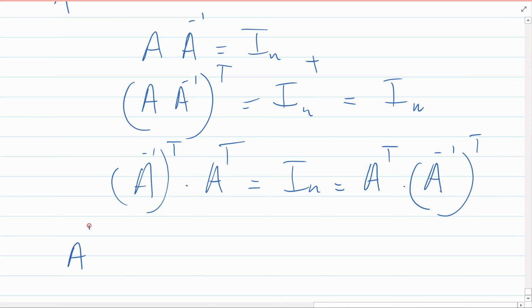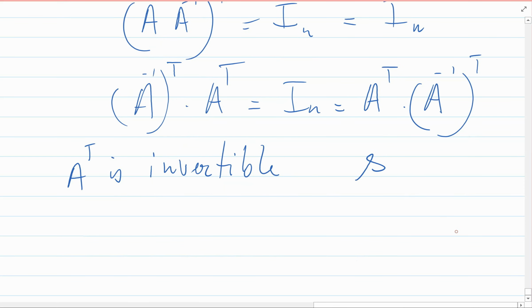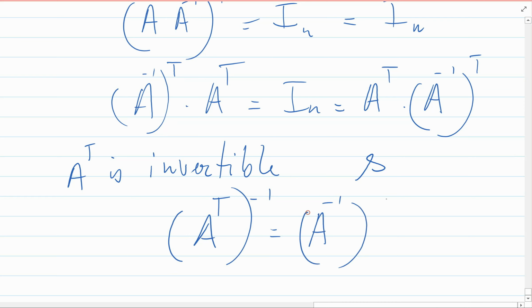Therefore, A transpose is invertible. And not only that, we even have the inverse. What is the inverse of A transpose? That's the transpose of the inverse.